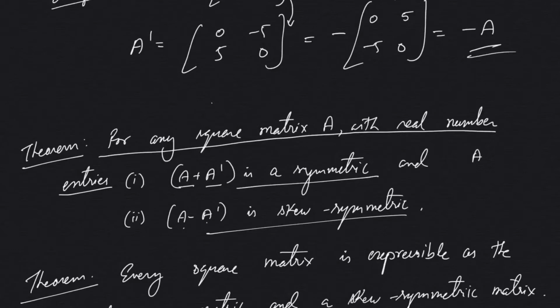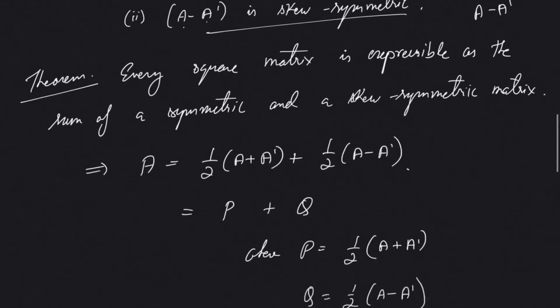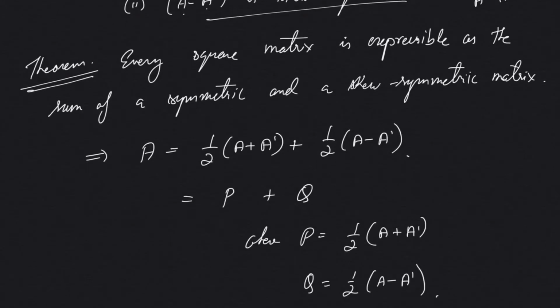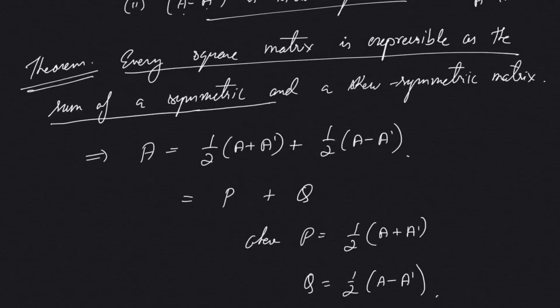That means if you have a matrix A and need a symmetric matrix, all you have to do is add it to its transpose. If you want a skew symmetric matrix, subtract its transpose, and you will get the skew symmetric matrix. That is, if you have any matrix, it's not difficult for you to find a symmetric and a skew symmetric matrix. The next theorem is every square matrix can be expressed as a sum of a symmetric and a skew symmetric matrix.